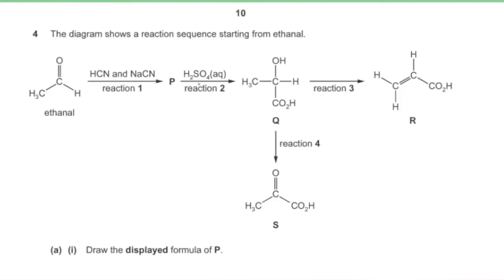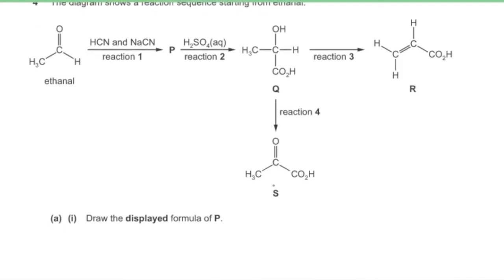This turns the nitrile group to a COOH group, which is this one. Rest will remain the same. Reaction 3 is removal of a water molecule, so aluminum oxide as a catalyst was used here. Reaction 4 now is a secondary alcohol replaced by a ketone group, and this was successful due to acidified chromate ion, which is an oxidizing agent.